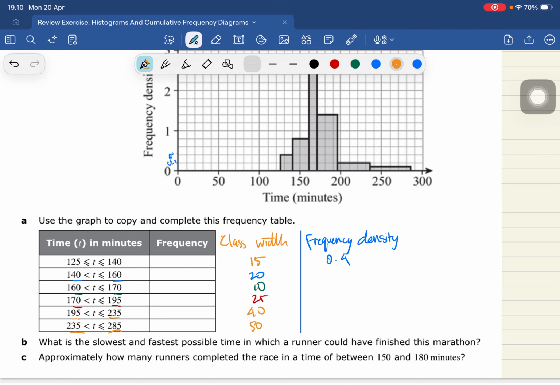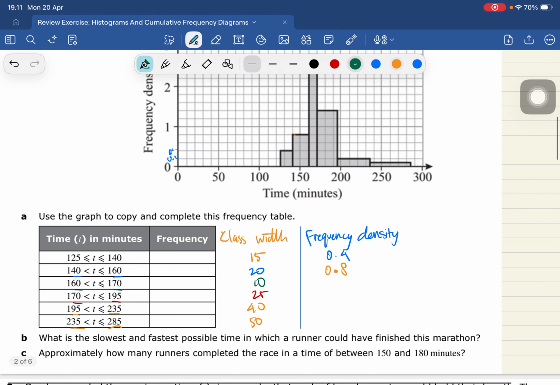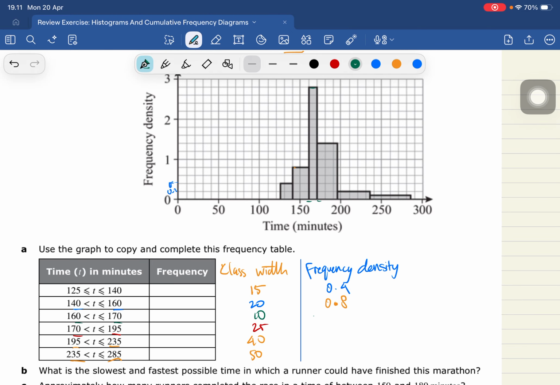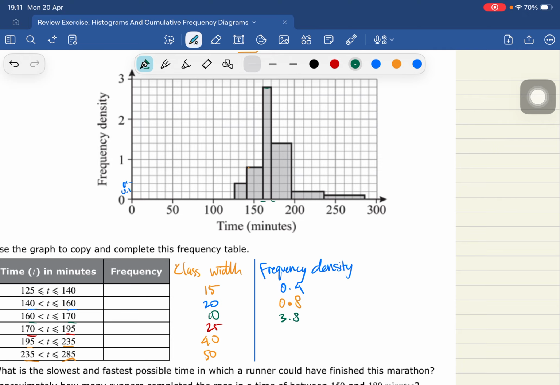Next is 0.8 for 140 to 160. 160 to 170 is 2.8. Then 170 to 195 is 1.4. After 1.4, we got 0.2, and last is 0.1.